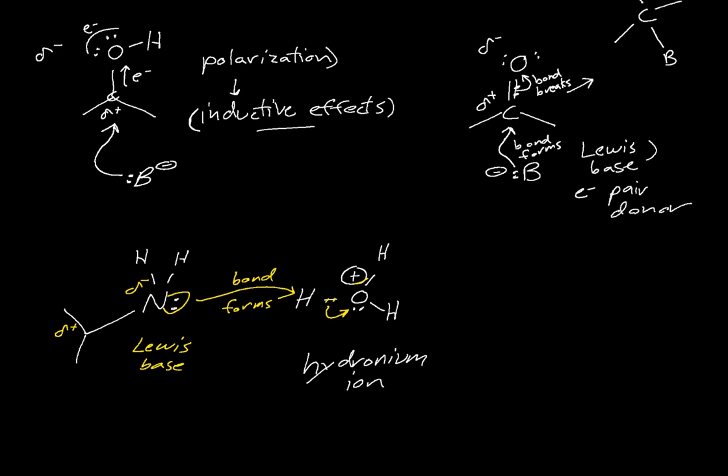The result of those two arrows will be that the amine nitrogen then picks up another hydrogen using that lone pair. It is now a plus formal charge, and then the hydronium ion is, technically we would say, oxidized to water.